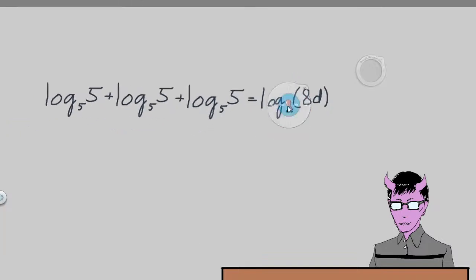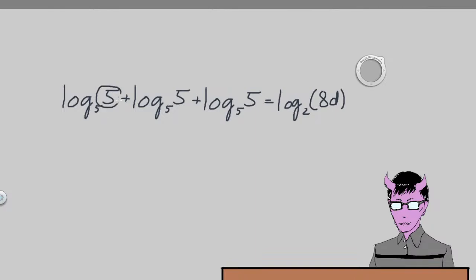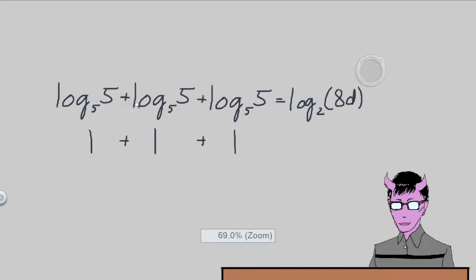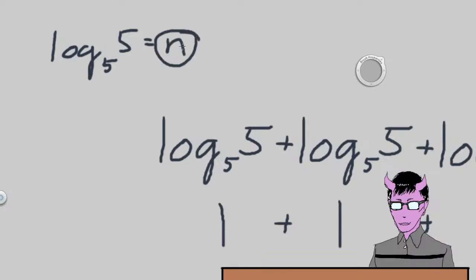Alright. So this is probably the one we want to work with, right? We have base 5, we have argument 5. Don't ever forget these ones. Learn to recognize them. It's just going to be 1. This is also just 1, and that's also just 1. That's a quick review of why that is again. So with this one, we have log base 5 of 5 is equal to some number. What is this number, right?